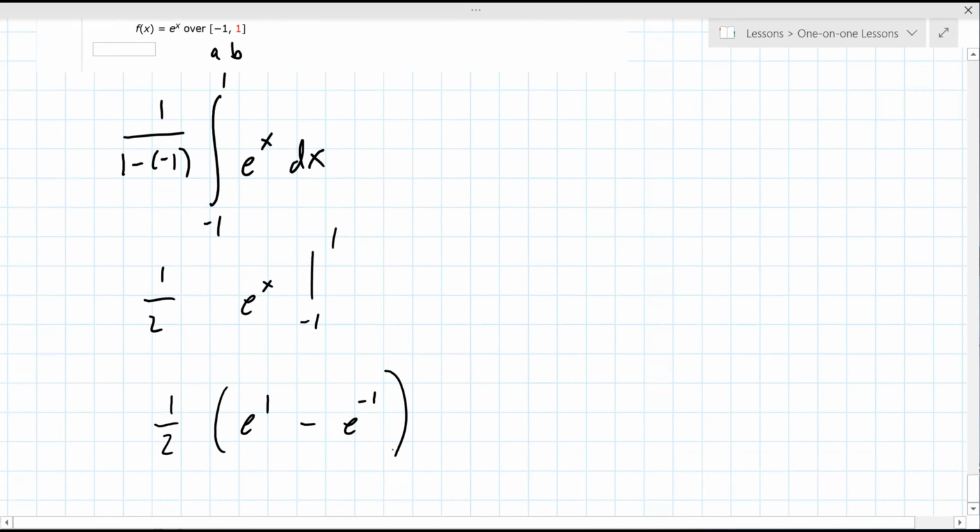And this one says to round to 2 decimal places. You can just verify that in your calculator. It's going to be some positive number, about 1.25 or something. Let me get, yeah, 1.18.